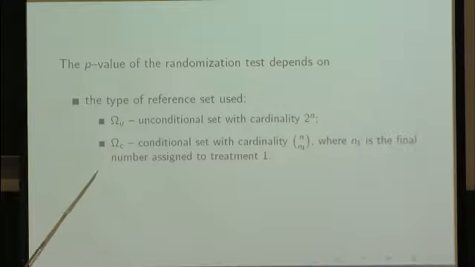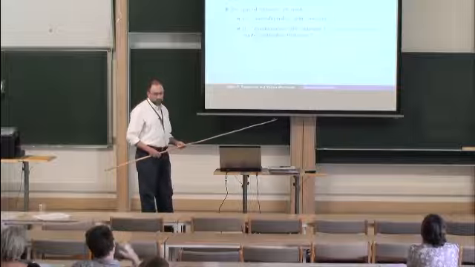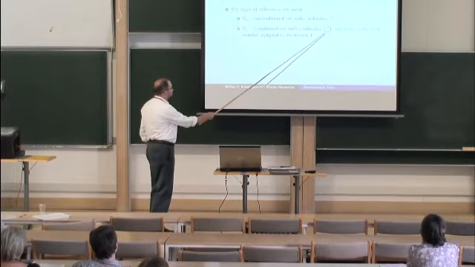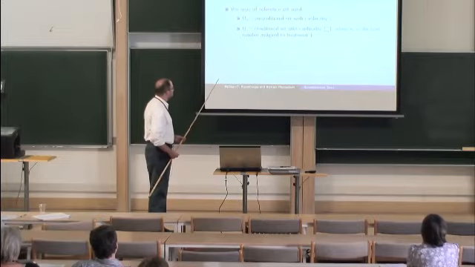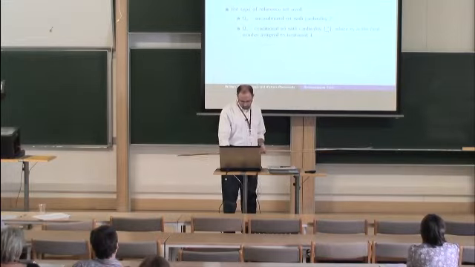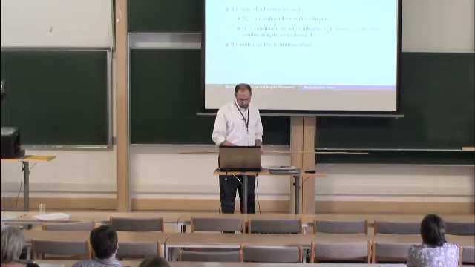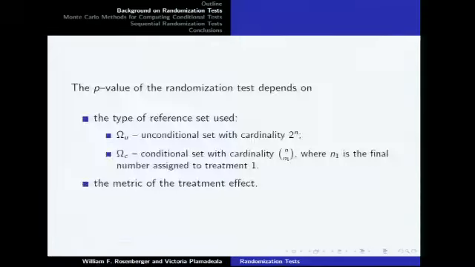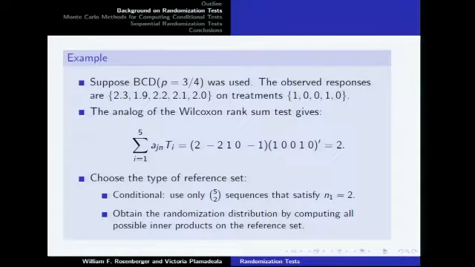And then if we wanted to condition on the numbers assigned to A and B, which are random variables but are ancillary, then we would have n choose n1, where n1 is the final number assigned to treatment 1. And then we just have some treatment effect metric, and we calculate that for every possible sequence. And then we add up the probabilities of those particular sequences.